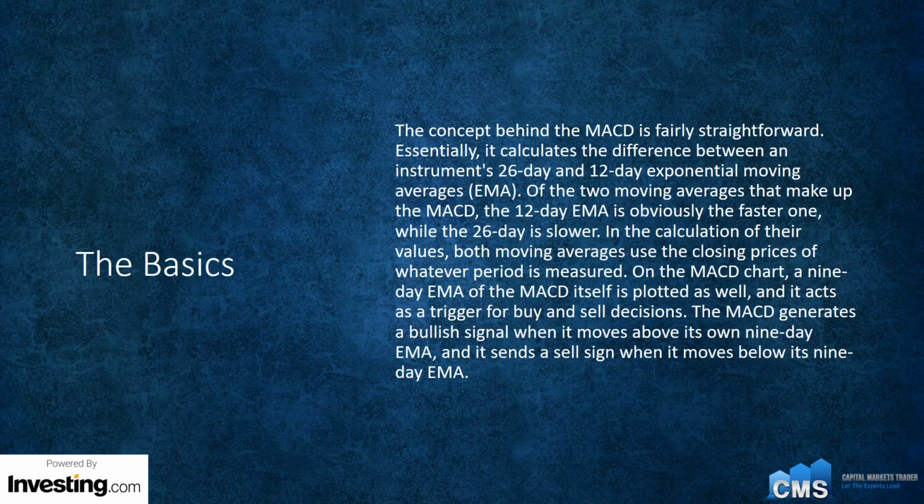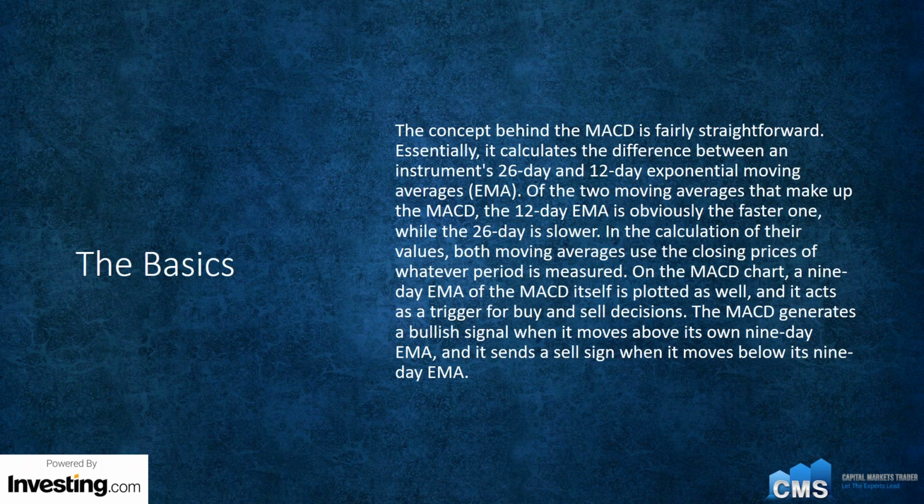Now, we all understand what a moving average is. A moving average is simply a number of bars or closes added together and then divided. When we use the word day, we don't mean 26 days unless you're looking at a daily chart. If you're looking at a 1 hour chart, it would be 26 candlesticks or bars. On a 15-minute chart, it's 26 of those 15-minute bars, as well as a 12-day moving average.